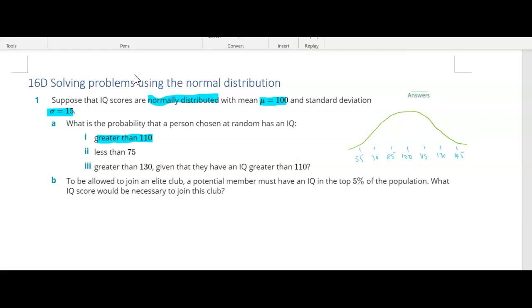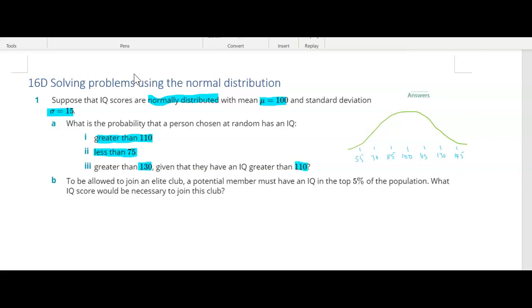So we're going to have to use our calculator. We're also going to have to use our calculator for less than 75. And then question 3, we have a conditional probability. Even though 130 is on here, and we can calculate what that is using our 68, 95, 99.7% rule, we're just going to use the calculator. And then 110 we'll also use on the calculator.